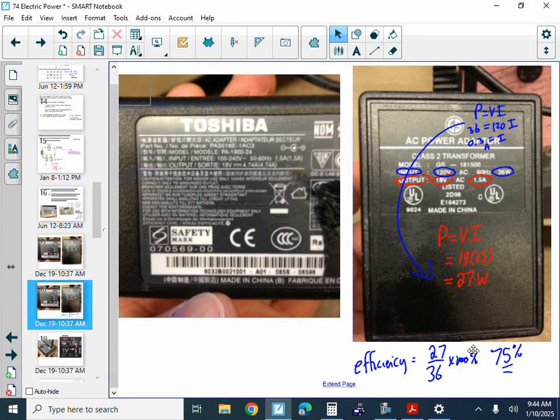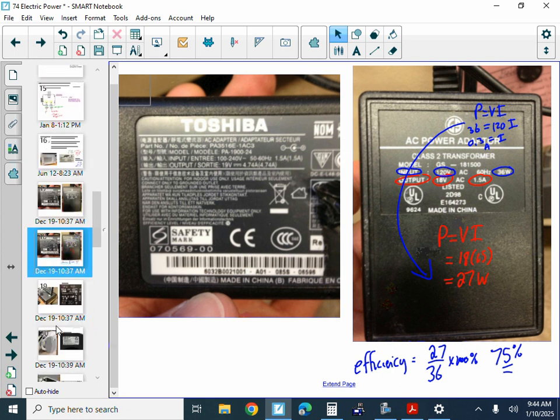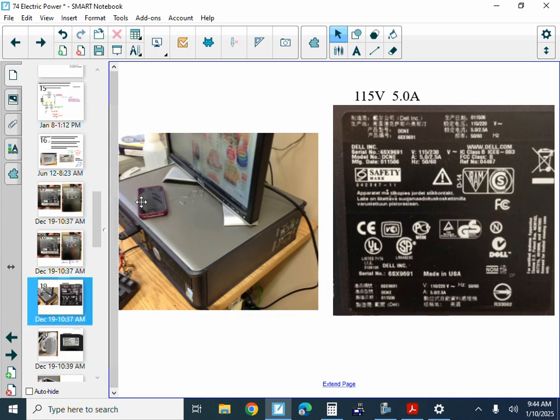And we can even relate it to efficiency, right? So we calculated that it's putting out 27 watts, and you're like, oh, so it's 75% efficient. You notice these things get warm, right? So even just leaving it plugged in all the time, you're using like 25% of the power that it's designed to put out.